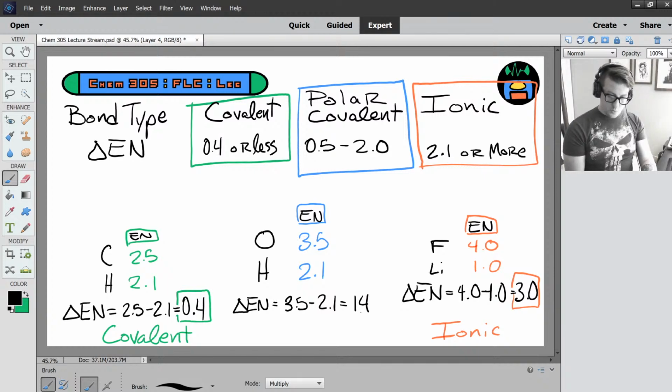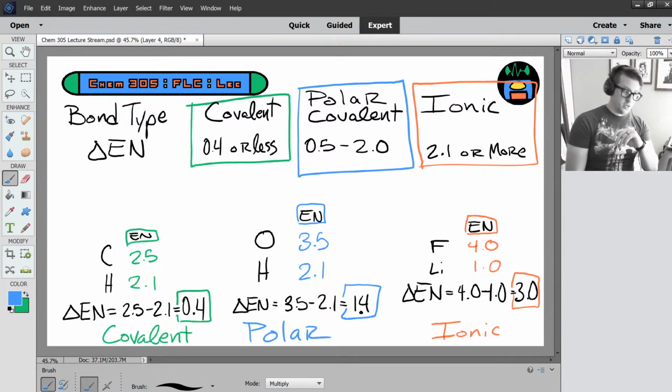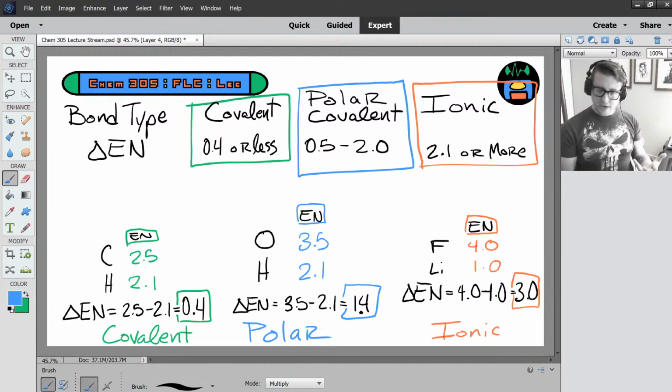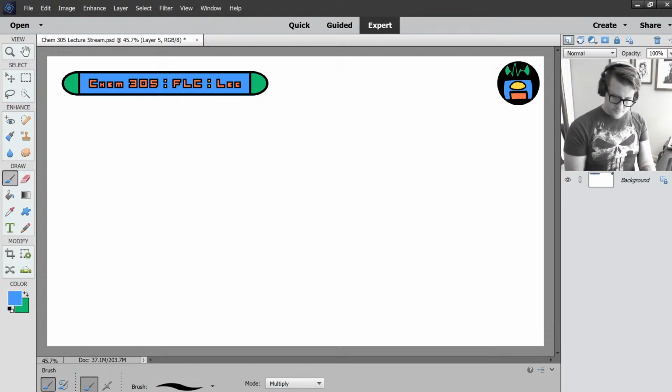This comes out to be 1.4, and this is definitely a polar covalent bond. We can just call it polar for short. What that means is in the oxygen and hydrogen bond, the electrons are still being shared, but they're shared unevenly.